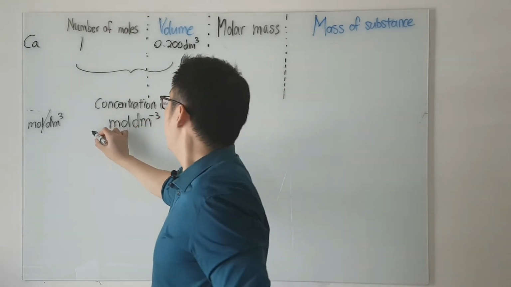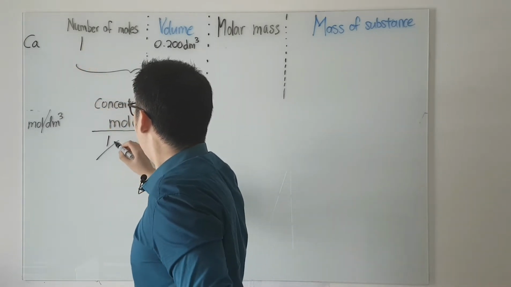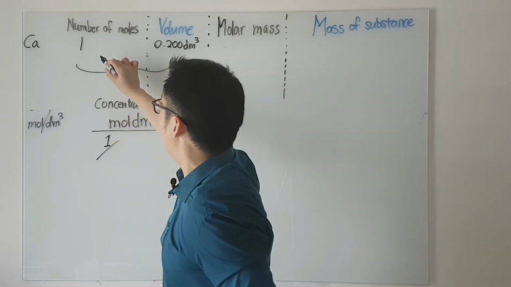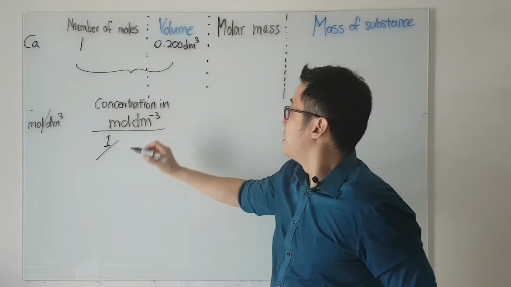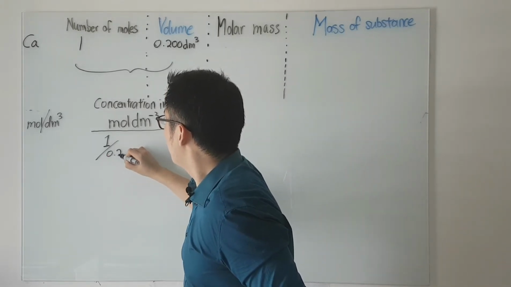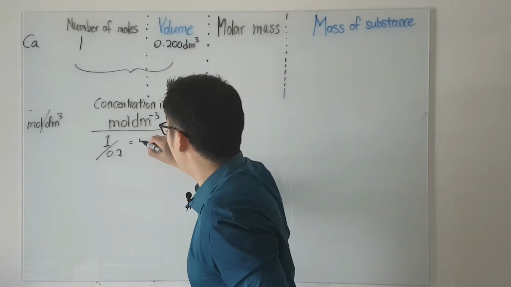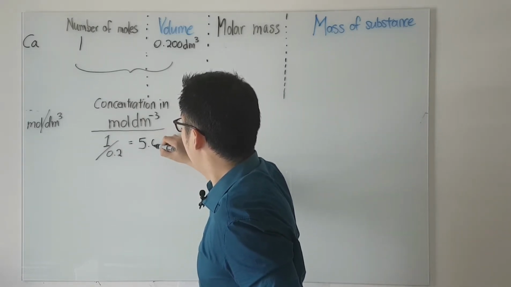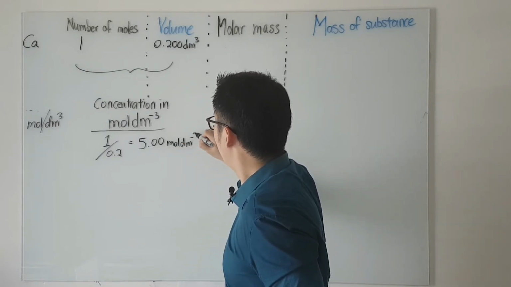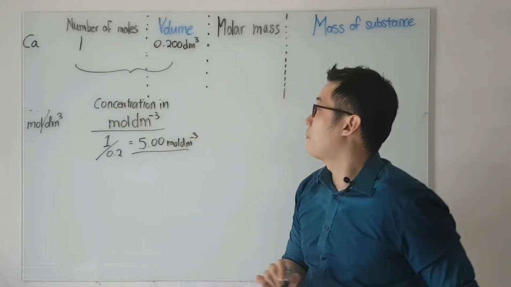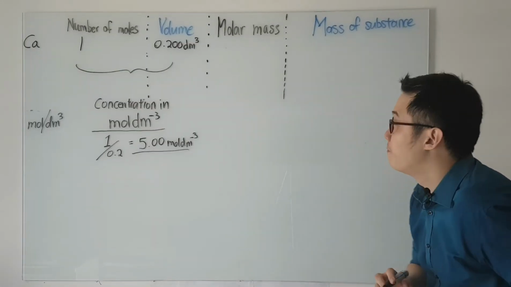The concentration in moles per dm cube is just 1 divided by, because in this case it is 1 mole, 0.2 dm cube, and you will agree with me that it becomes 5.00 moles per dm cube. Now this is the concentration in moles per dm cube.